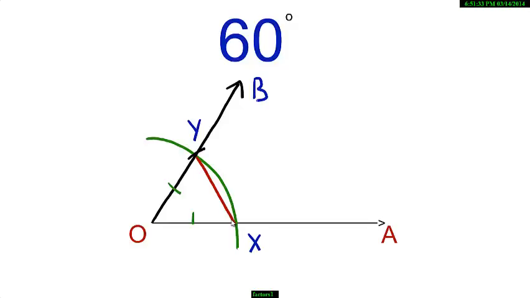Also, we use the same radius to cut the arc at Y. So therefore, OX is equal to OY is also equal to XY. What type of triangle is triangle OXY? Is it not equilateral? What is the measure of angles of an equilateral triangle? Is it not 60 degrees?